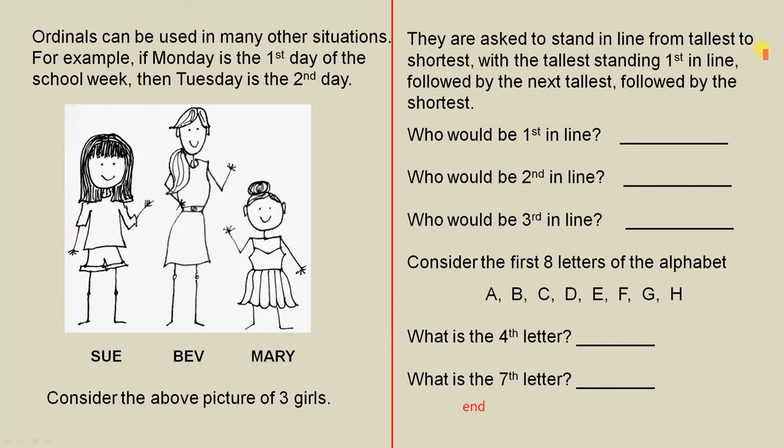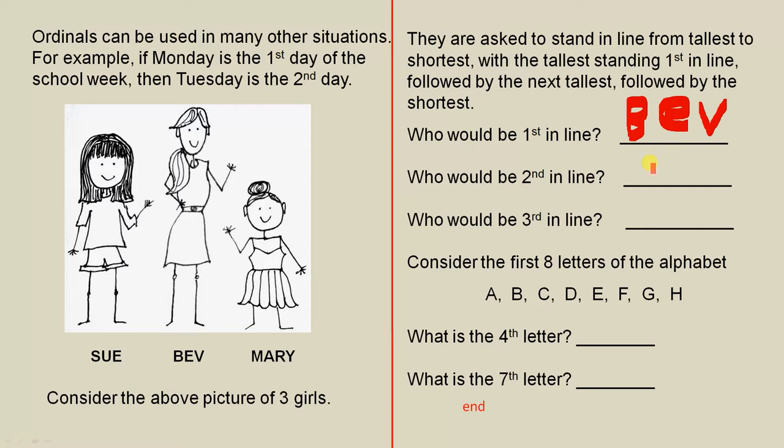So consider the above picture of 3 girls. They are asked to stand in line from tallest to shortest, with the tallest standing first in line, followed by the next tallest, followed by the shortest. So who would be first? Well, the person who's the tallest, because she has to stand first. You can see straight away that that's got to be Bev, because she's the tallest.